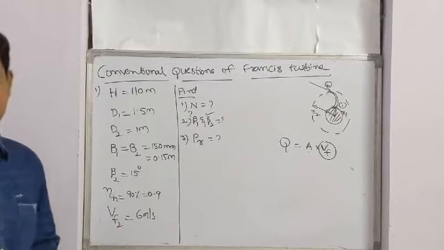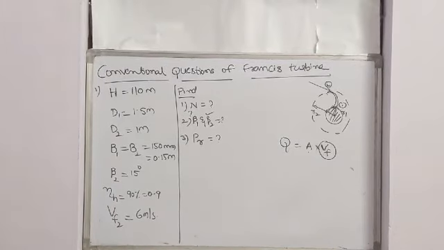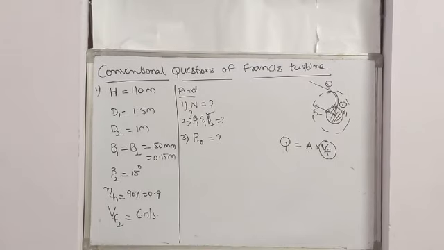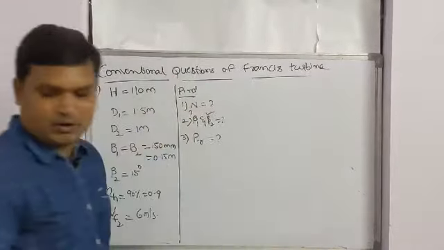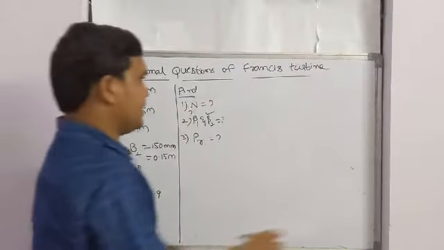So first we should find out U1 and U2. First I will fix the exit velocity triangle, then I will go for the inlet velocity triangle.